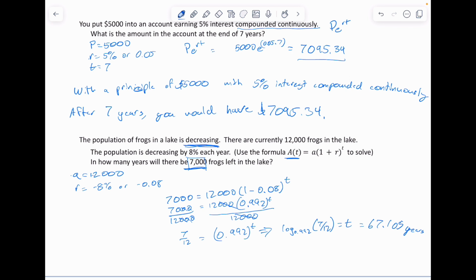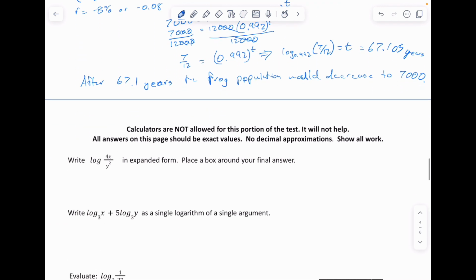So if you write this into a sentence, after 67.1 years, the frog population would decrease to 7,000. That's kind of depressing, but that's very possibly true.